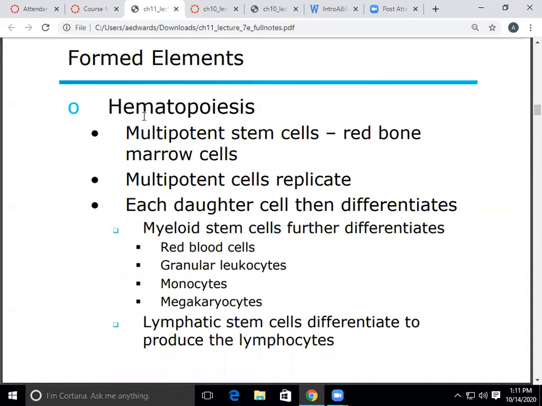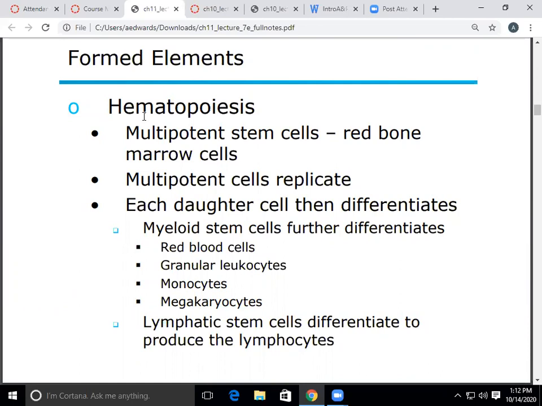Multipotent means you can differentiate into a lot of different things, multiple things, okay? And they can become red bone marrow cells. All right, and these cells will replicate, right? They're going to divide a lot. Then the daughter cells are going to differentiate into other types of cells, more specific types of cells.